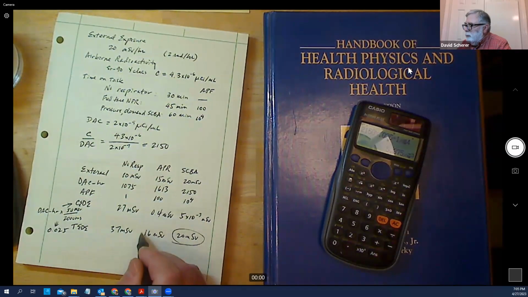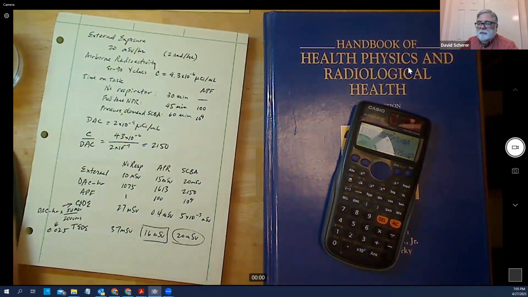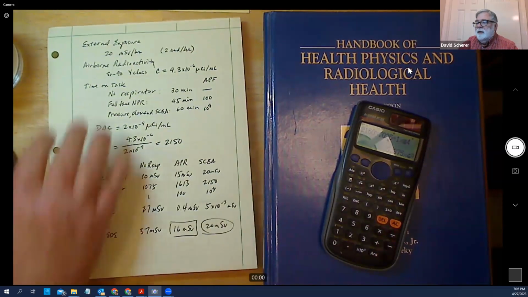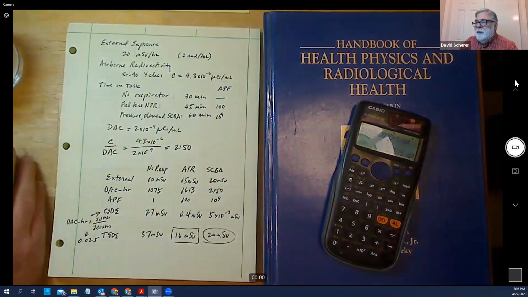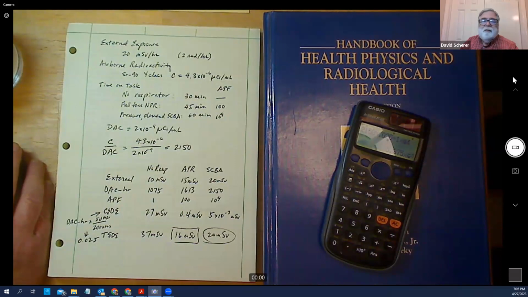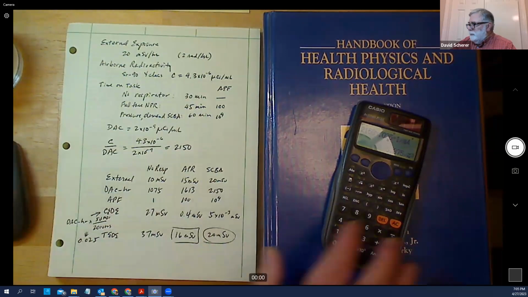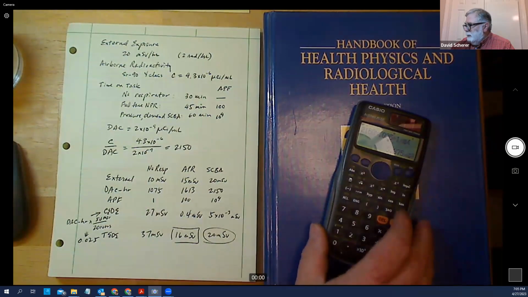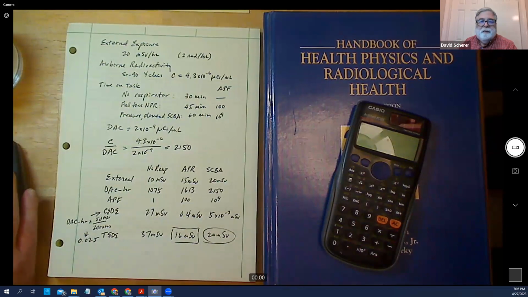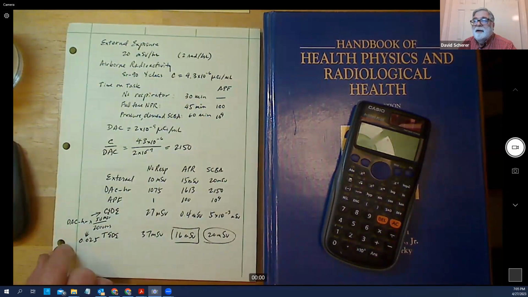So this is how we go about doing a job hazard analysis and deciding what kind of protection is necessary. Any questions on this example? I hope the people watching by video don't have any questions either. You may see this kind of calculation again in the coming days.